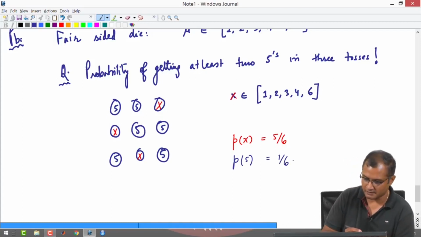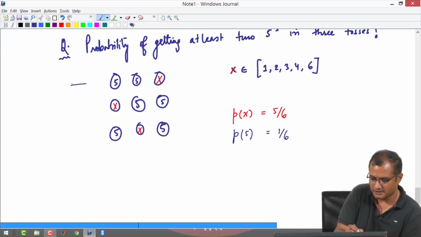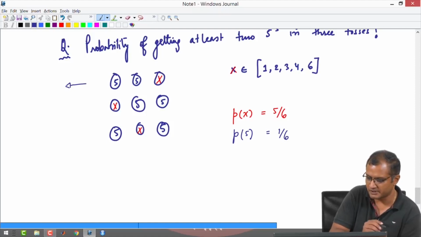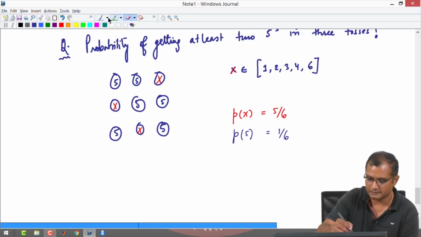So, if you look at this particular observation, the probability of this observation is 5 by 6 cube, which is, if I break it down, let us write it below here, yeah.